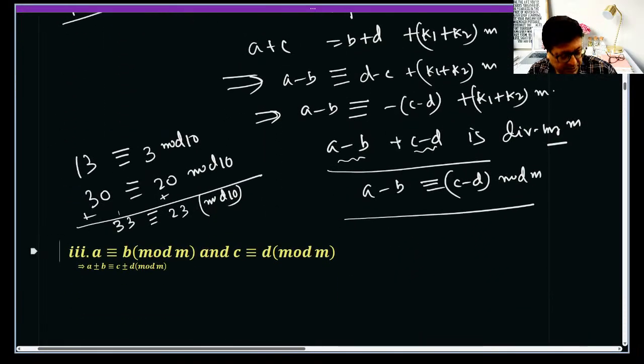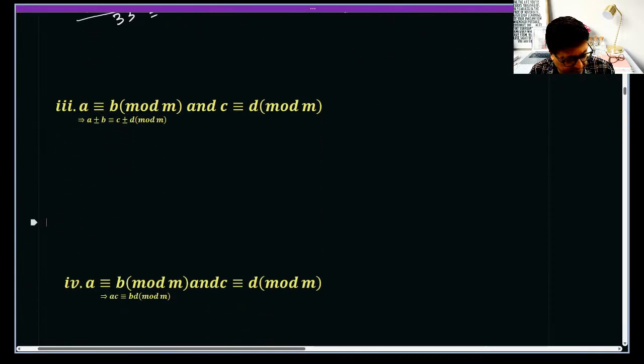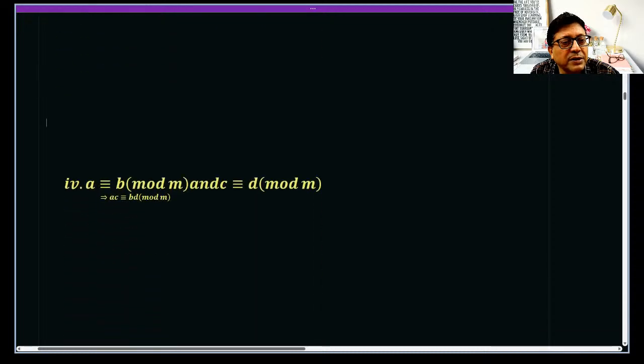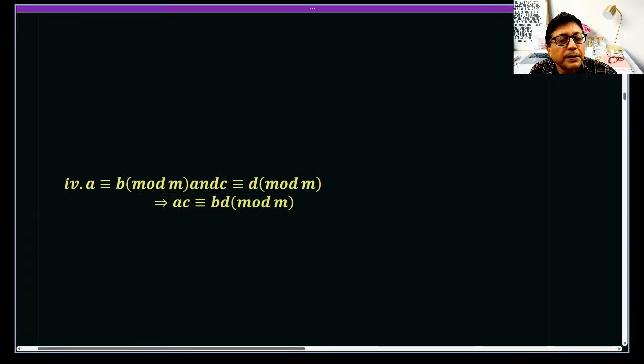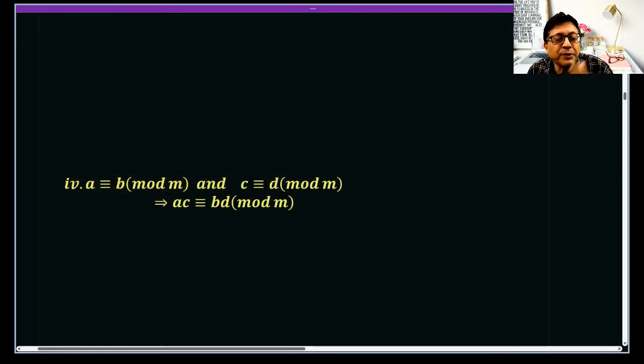Now third one. A congruent with B mod M and C congruent with D mod M. You are going to prove that these two congruencies can be multiplied also. Try to prove it.